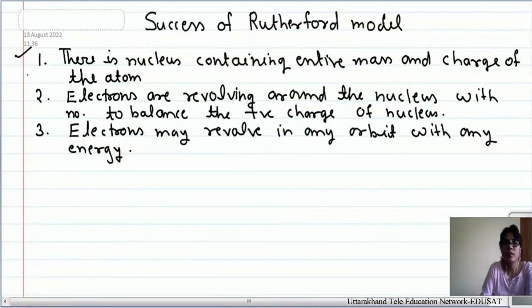So this point was successfully explained. The neutrality and the scattering experiment were explained by this. And because electrons are moving, they can also explain the stability a little bit, but further we will see that stability cannot be explained by this model. So there is a problem with the stability of the Rutherford atomic model.